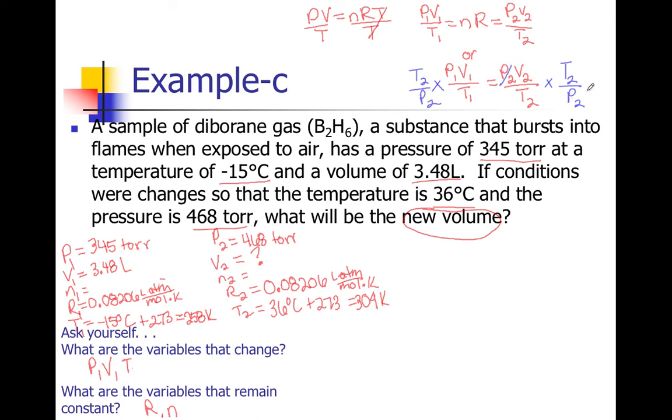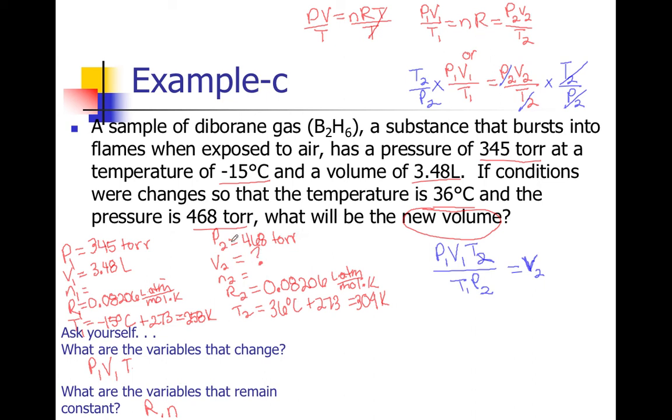This is going to cancel out the P2 and the T2. And so our new equation is going to be P1 times V1 times T2 divided by T1 times P2. All of that is equal to our second volume, V2.